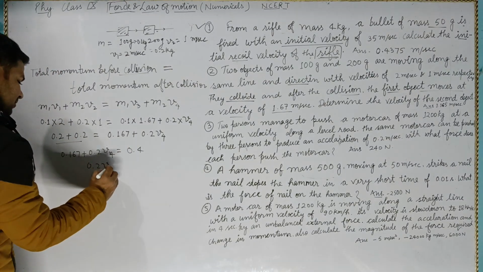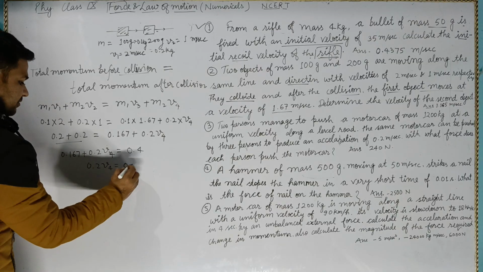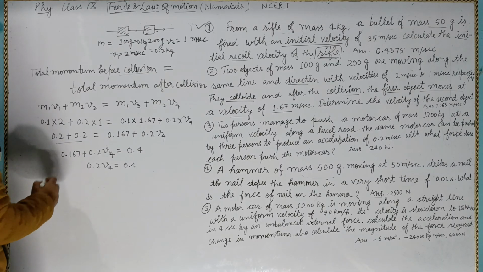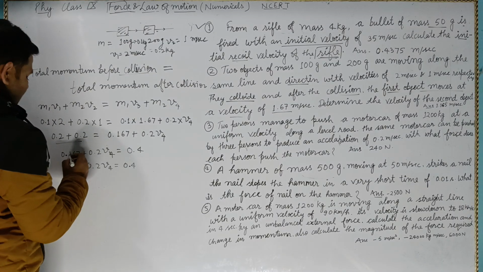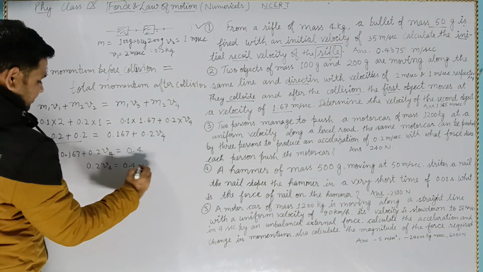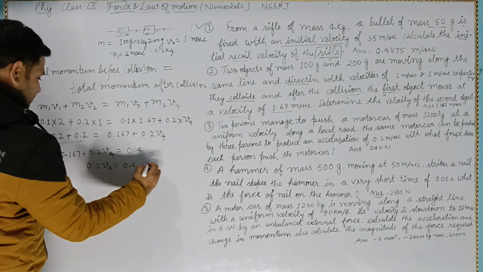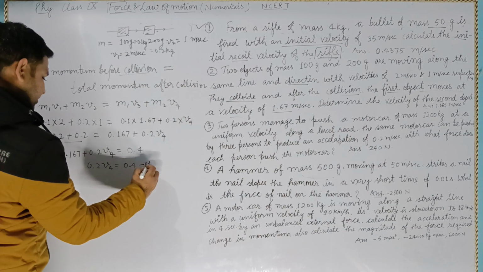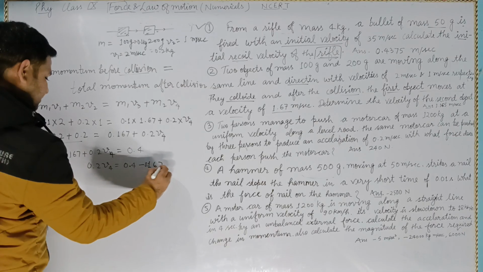So 0.167 plus 0.2 v4 is equal to 0.4. We transfer 0.167 to the other side, so it will be negative 0.167.